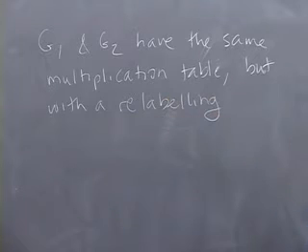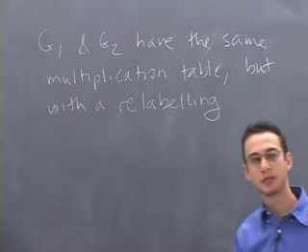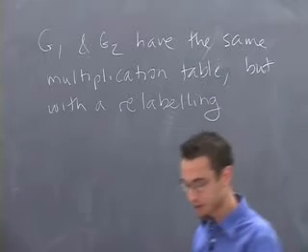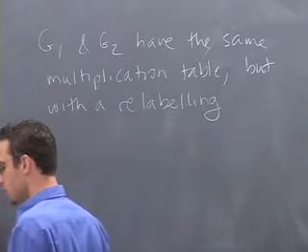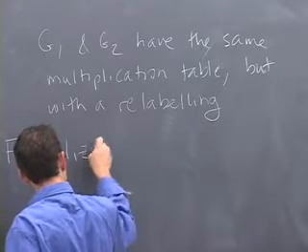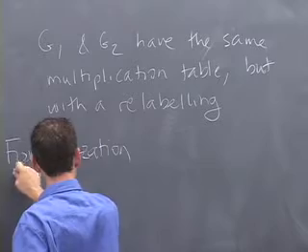So this idea of relabeling multiplication tables gets formalized in algebra under the name isomorphism. I'll write down a definition now.